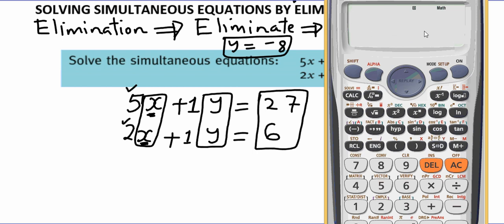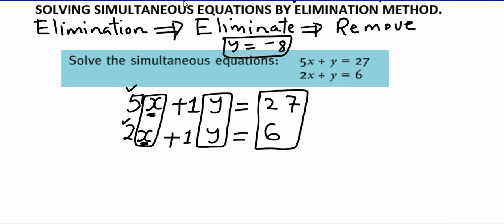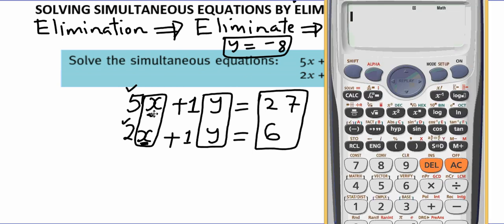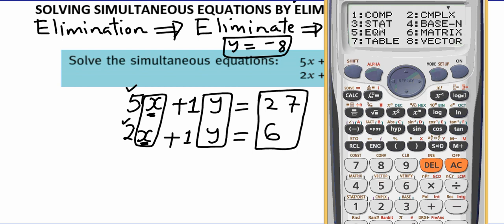Okay, so after clearing my calculator, what I do is find the option for equations. I press mode only once, and then I choose option 5, which stands for equation.